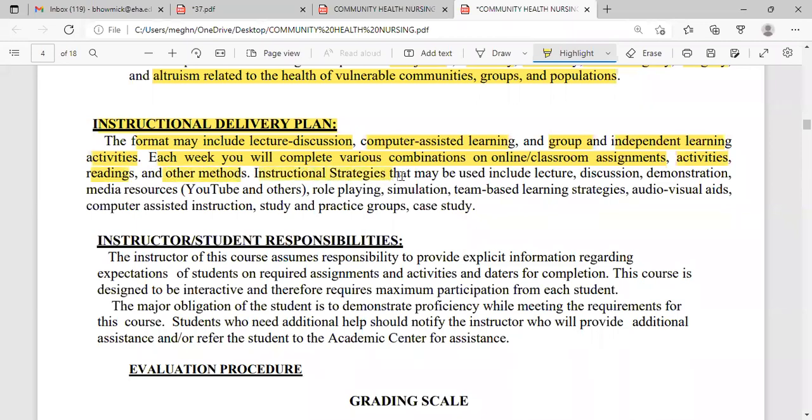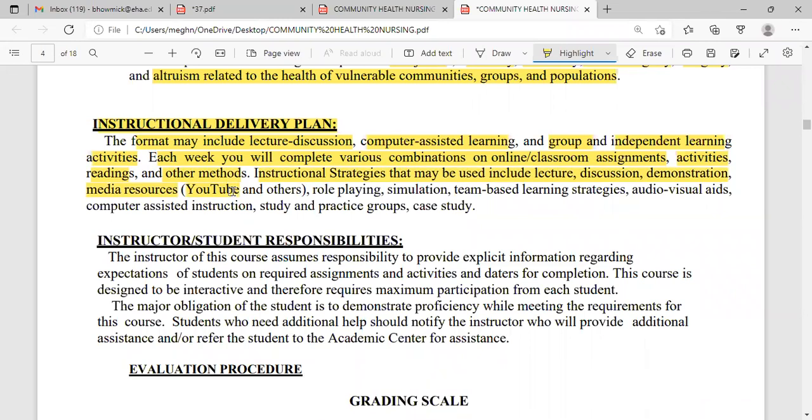Instructional strategies that may be used include lecture, discussion, demonstration, and media resources like YouTube. But YouTube has a lot of videos. But what you need, we can decide, right?